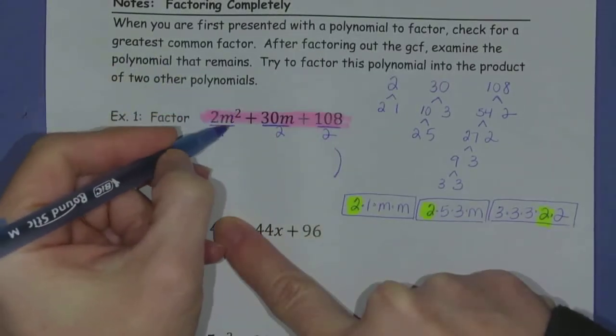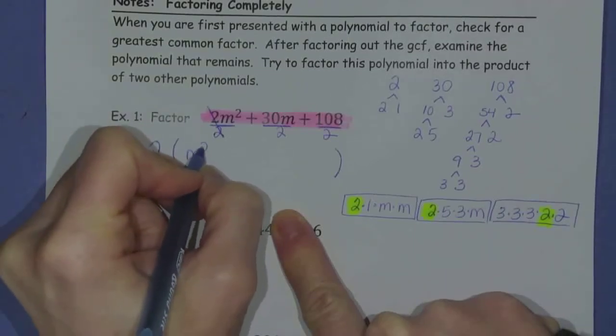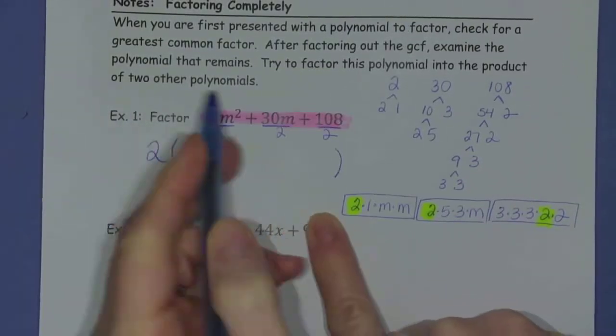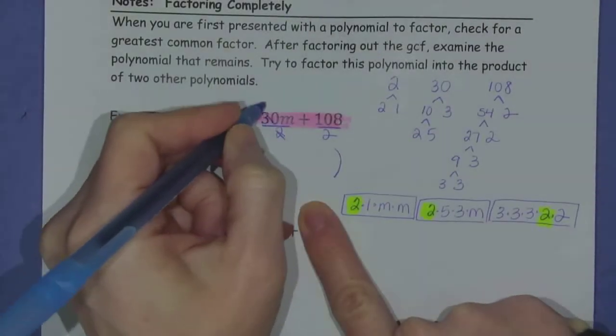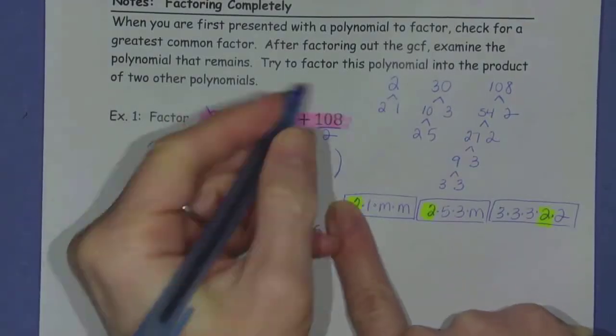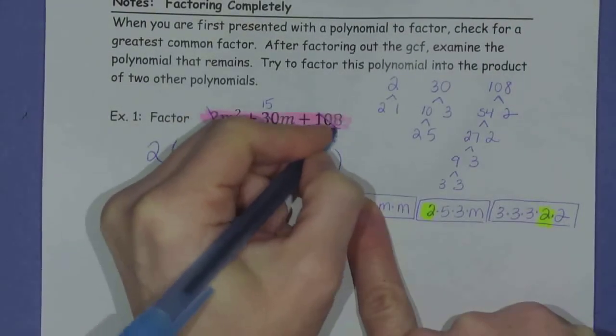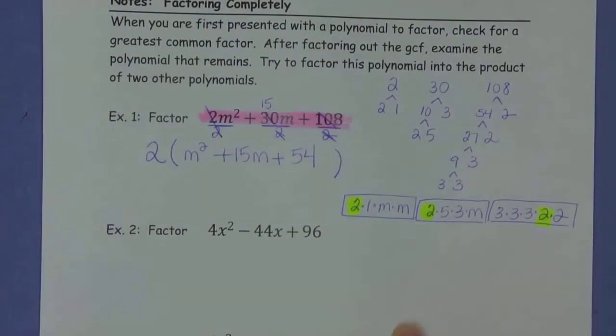So 2m squared divided by 2, those 2's cancel, is just m squared, plus 30m divided by 2. Well, 2 goes into 30 15 times, so we'll say 15m. And then 2 goes into 108 54 times.